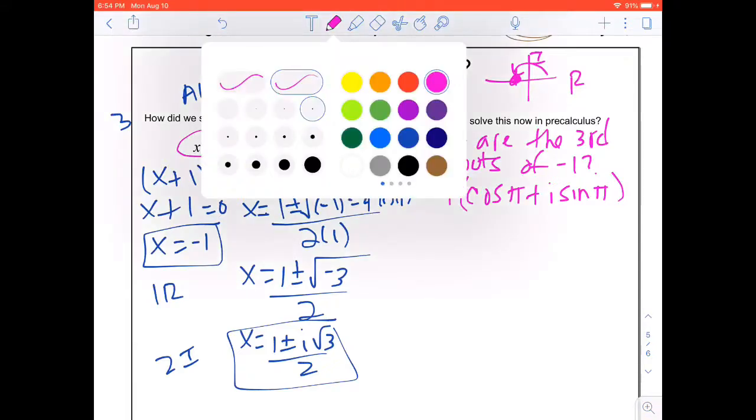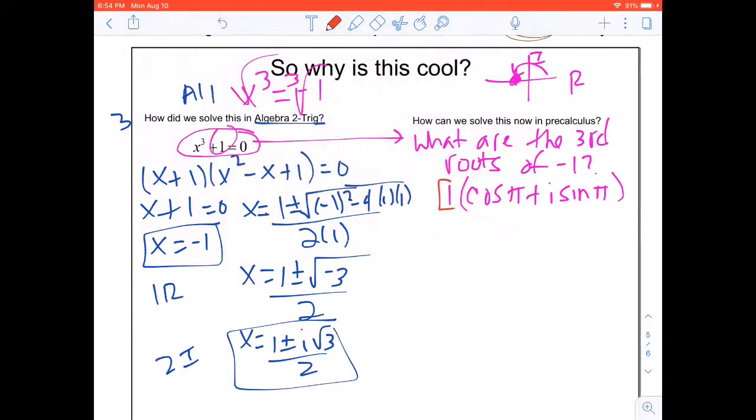Well, I am asking you to take this to the 1/3 power. So by De Moivre's theorem, we take 1 to the 1/3 power, which is just 1. I'm not going to write it. And then I'm going to take the cosine of pi over 3 plus my angle generator of 2 pi k also over 3, plus i sine of pi over 3 plus 2 pi k over 3.